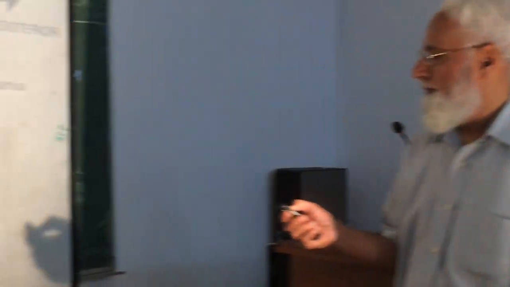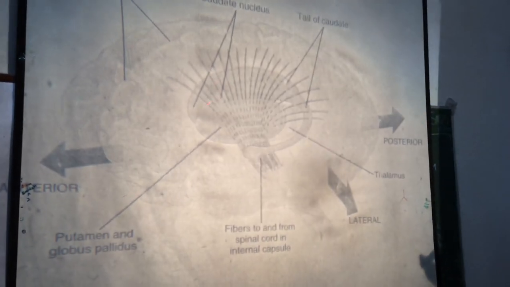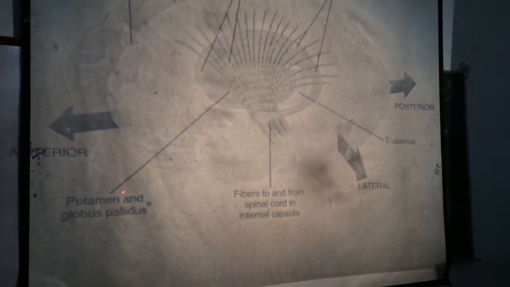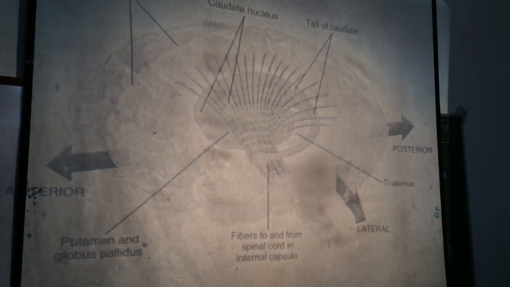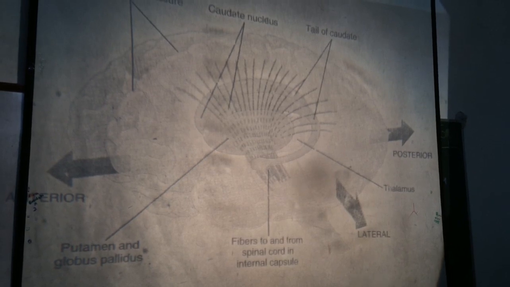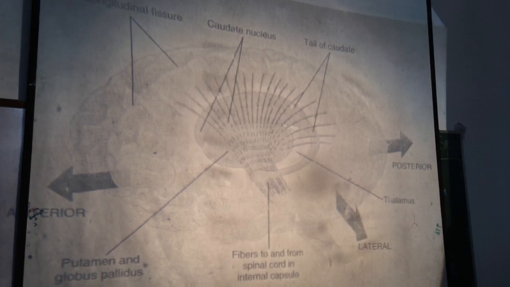Basal ganglia include caudate nucleus, putamen, globus pallidus, and also substantia nigra and subthalamic nucleus.